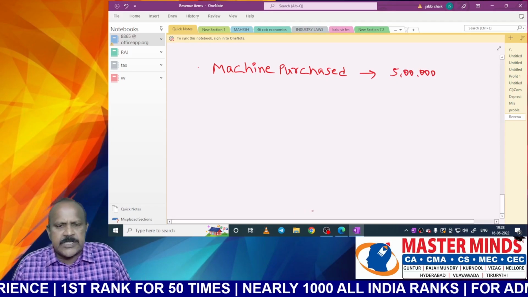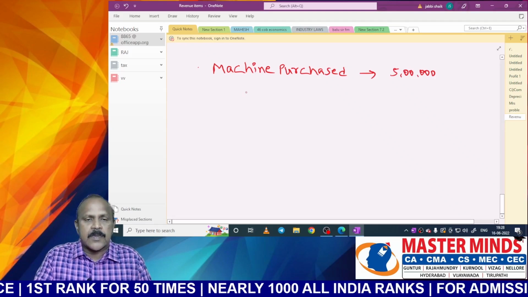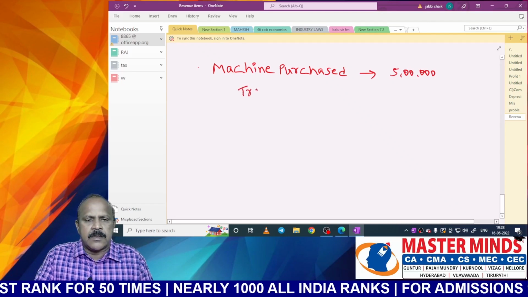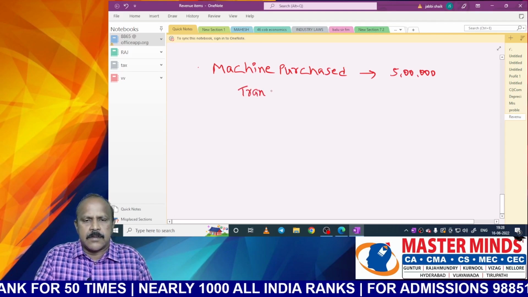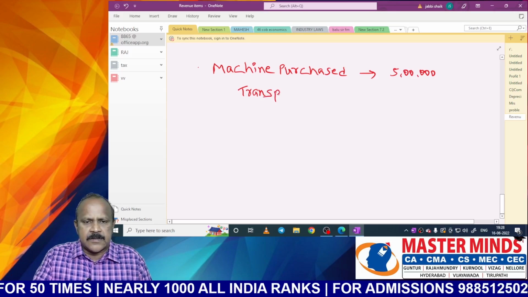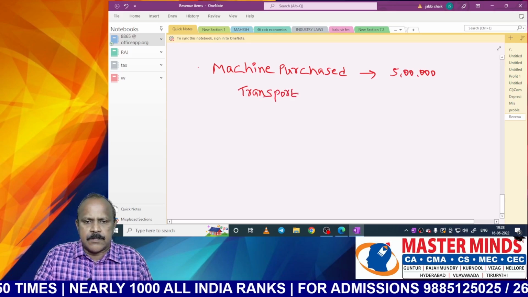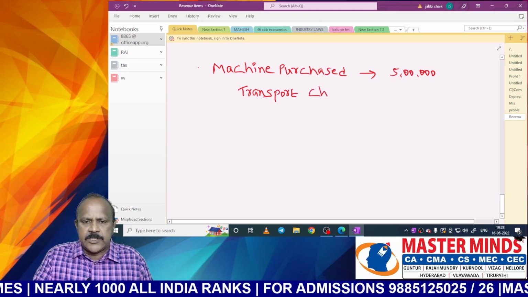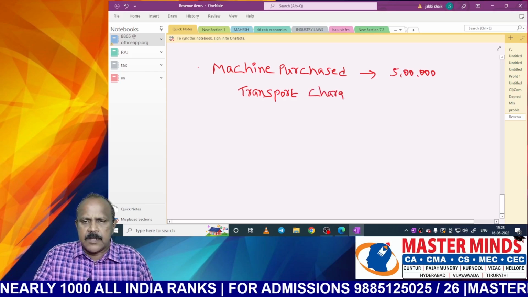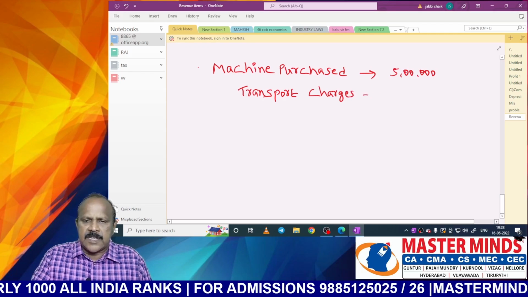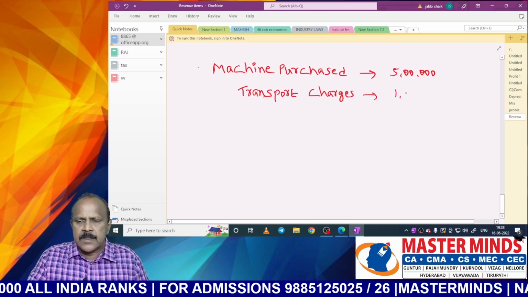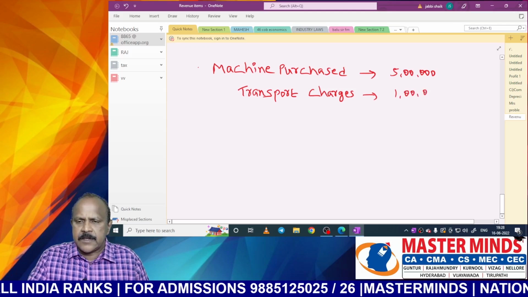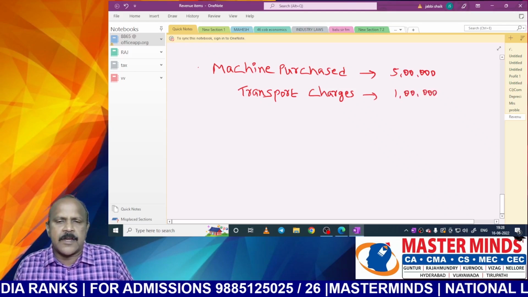To bring the machine to our place, we have incurred transport charges. Let us assume the charges to be 1 lakh.